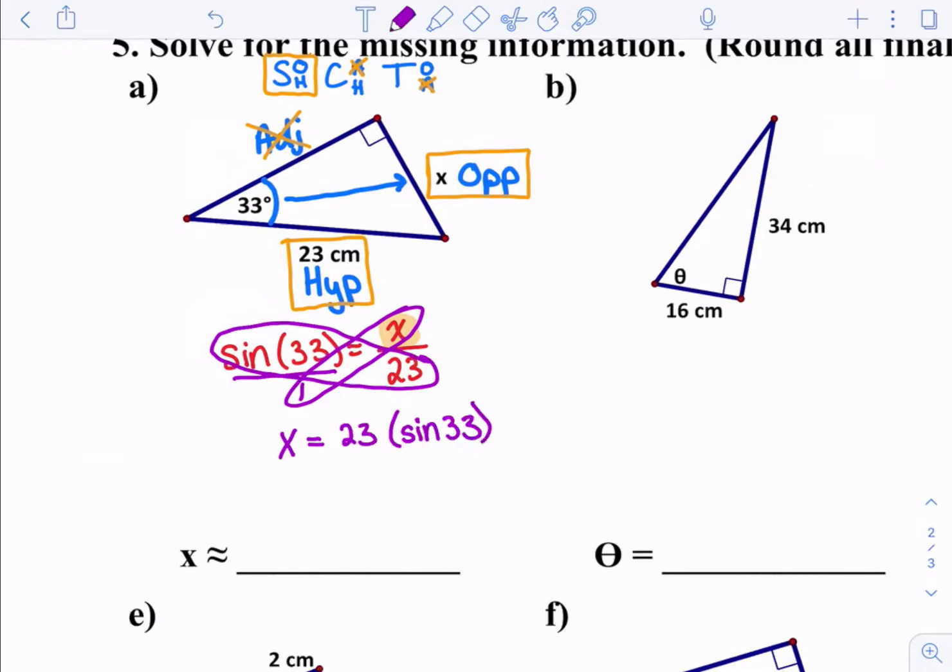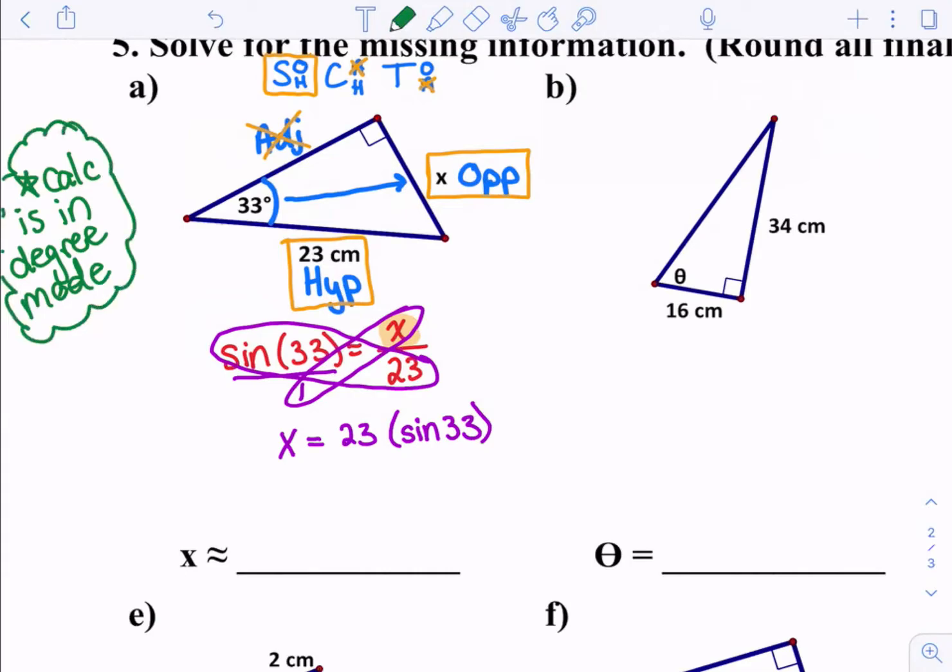Now a very key part here, if you're going to put this in your calculator, you have to make sure your calculator is in degree mode. So click on the word mode, because we are dealing with 33 degrees. Click on mode and make sure, I think it's 3 down, you'll see radian and degree.